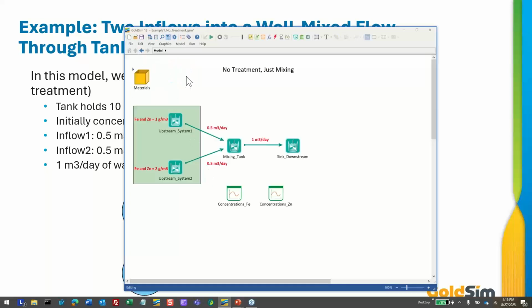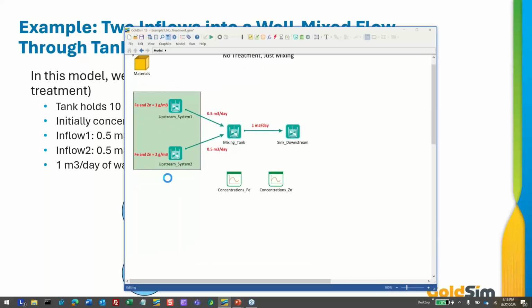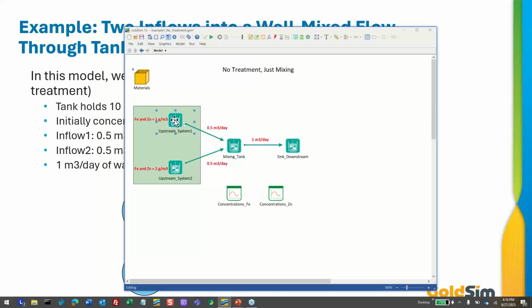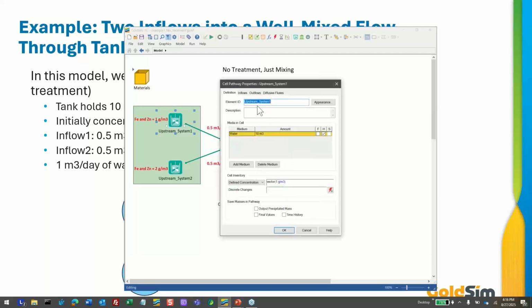All right, here are our 2 upstream cells, and they are kind of special cases. We basically have an upstream cell with what we call a defined concentration. This is one of the features you can use in GoldSim. You can fix a concentration. So this cell just represents a source, right?